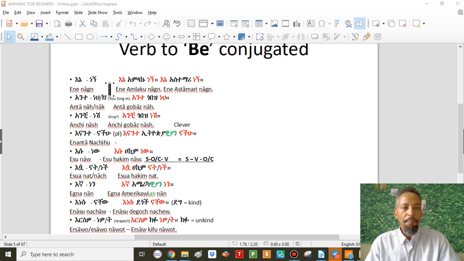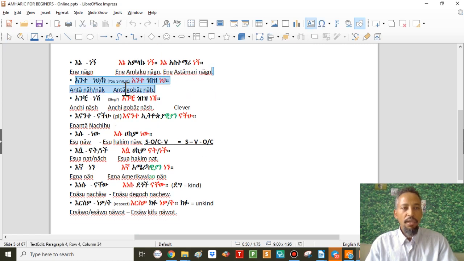So the first one is ene, neng. The neng is the am part. I am. So I is ene, am is neng. Ene, neng. And this is the example sentence. You can read the English down here, and the Amharic in the English alphabet, or Latin transliteration.